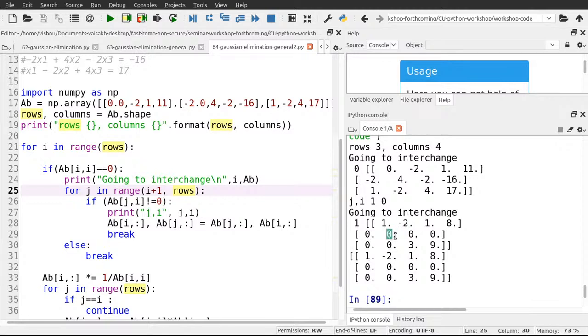It located this particular 0 and it's reporting that it's 0. After that, it's looking for a non-zero element here. It's not finding a non-zero element here, and therefore it's stopping. But what we actually wanted is to see if this row contains a non-zero element or not.